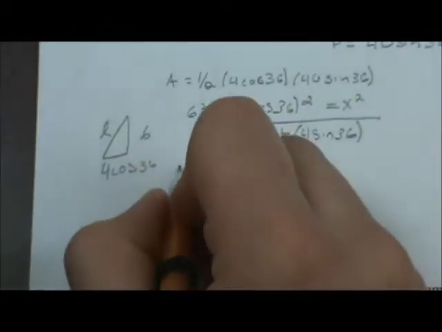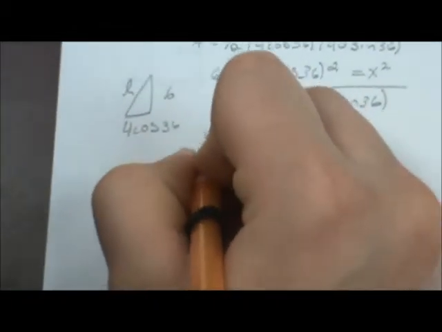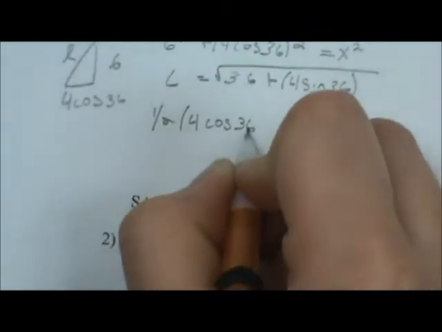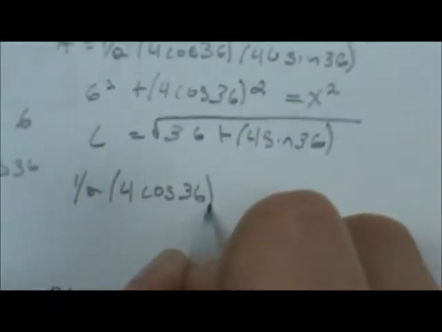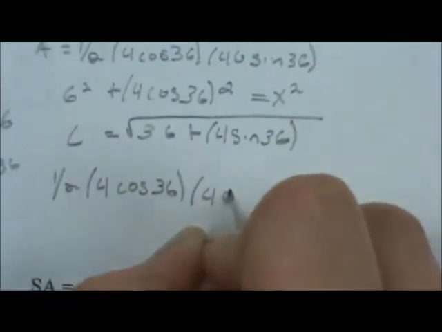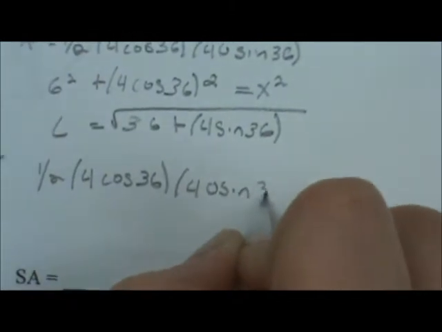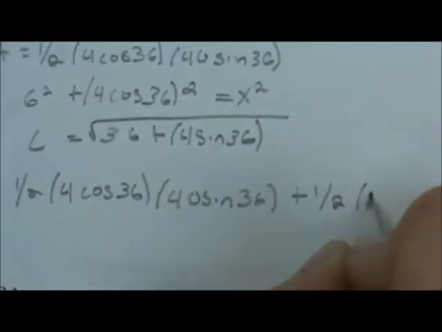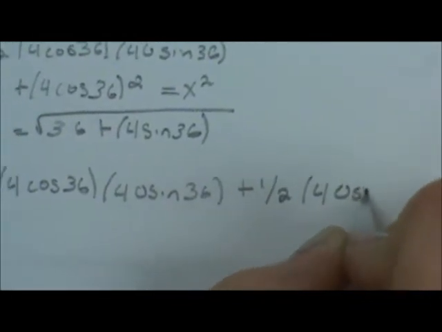And then we can just pretty much plug in everything else that we know. So we're going to have the final equation: 1/2 times 4 cosine 36 times 40 sine 36 plus 1/2 times 40 sine 36 times the square root of 36 plus 4 cosine 36 squared.